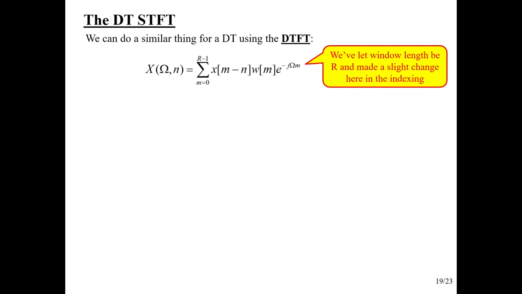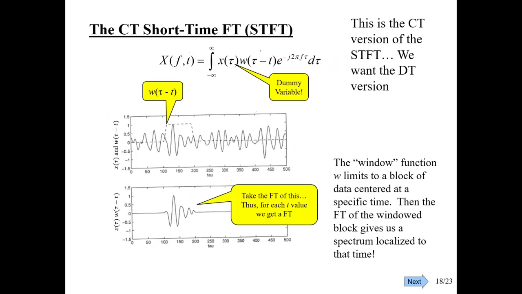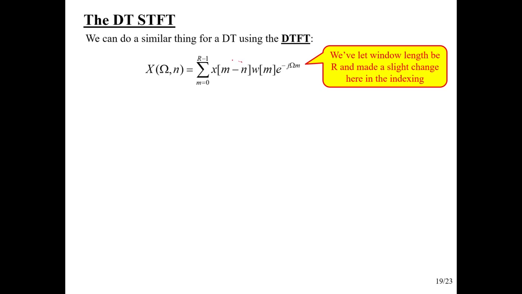Okay, now let's convert this to a discrete time version. I've changed some of the notation a little bit, and now instead of moving the window through the signal, I'm moving the signal through the window. And that's just a convenience for how we'll actually compute this with a DTFT, or a DFT rather. But it's fundamentally the same.